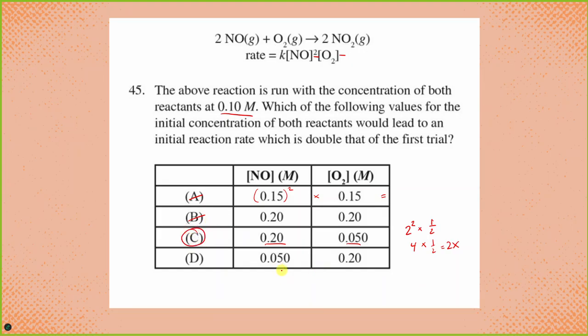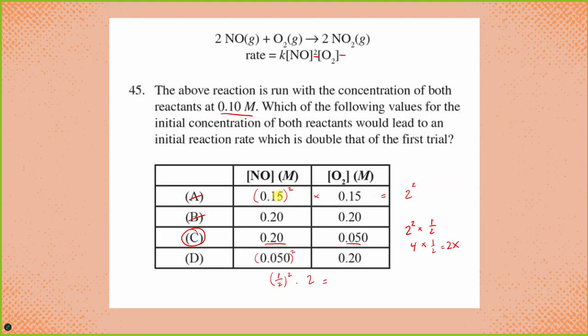But so if we were to square this one, that's 1/2 squared, which is 1/4, and this is doubled times 2. So 1/4 times 2 actually would not work. That would not be double the rate. These ones would be like 2 squared.